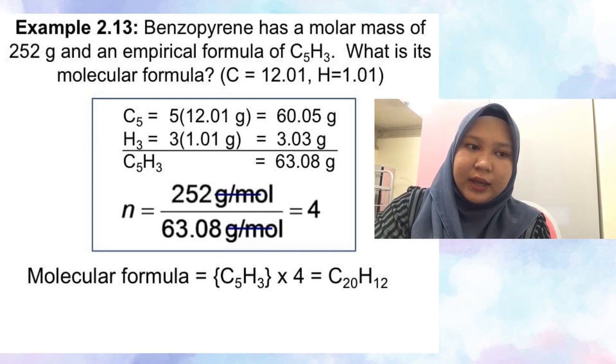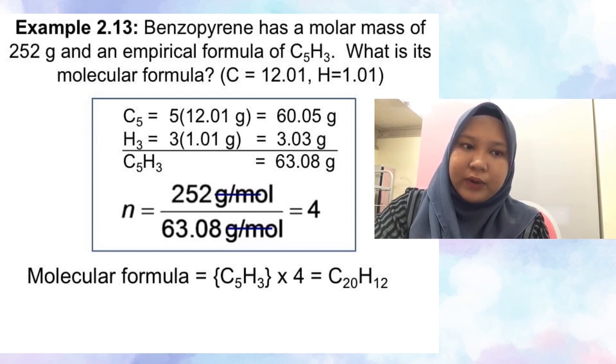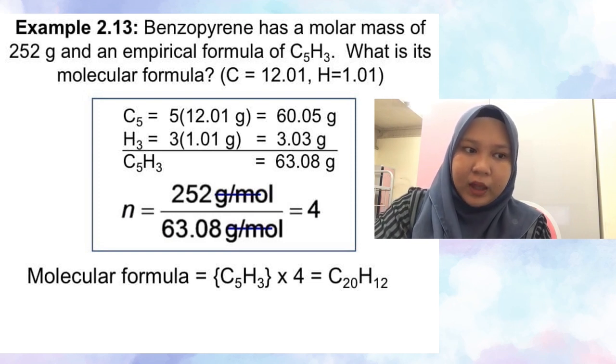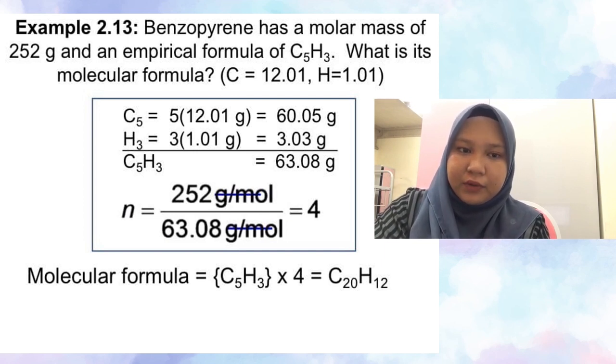And N equals 252 grams per mole divided by 63.08 grams per mole, which equals 4. The molecular formula is C5H3 times 4, which equals C20H12.